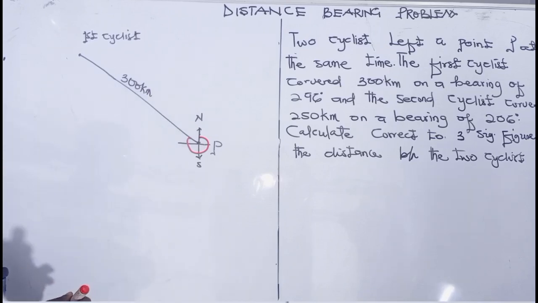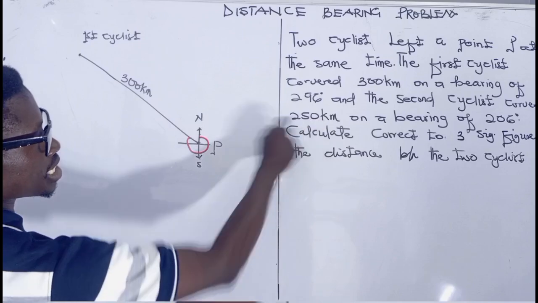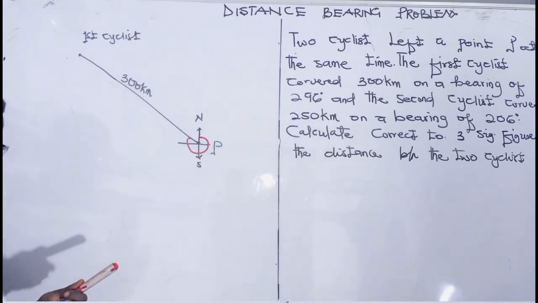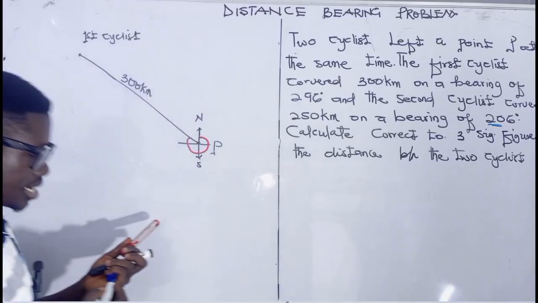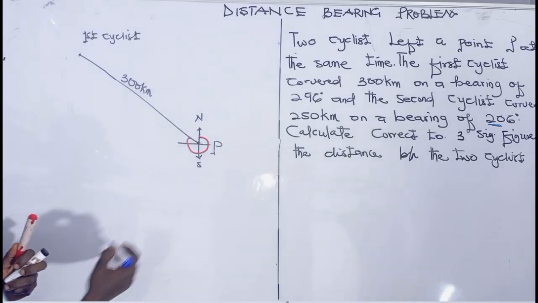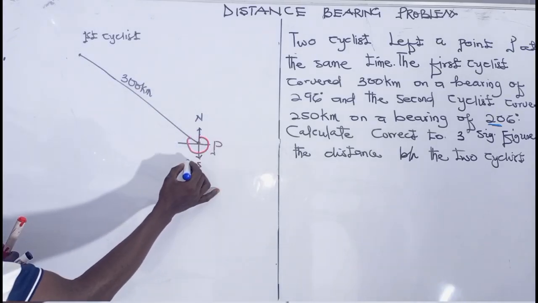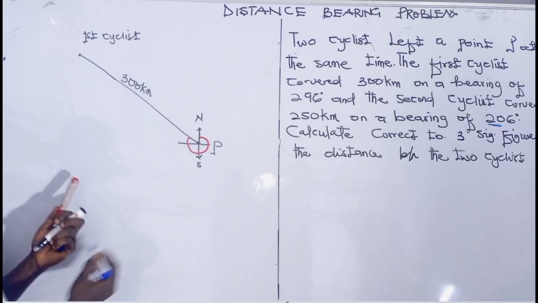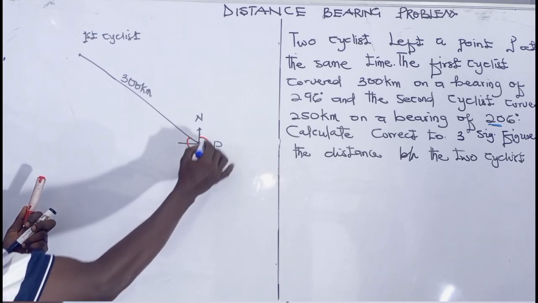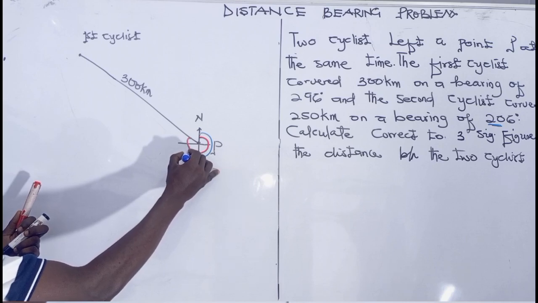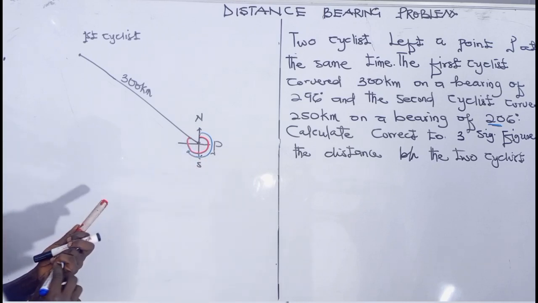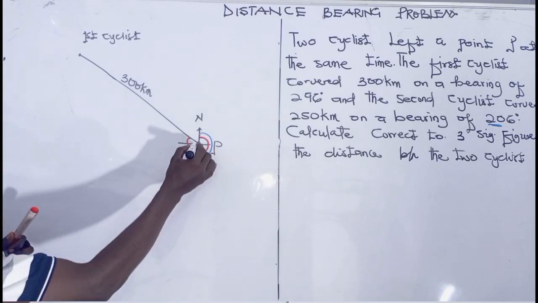Now let's look at the second cyclist. The second cyclist covered a distance of 250 kilometers on a bearing of 206 degrees. So we start measuring from the north in a clockwise direction, and we know that 206 will be in this quadrant. So we start from the north to this particular quadrant, and then we draw our distance.